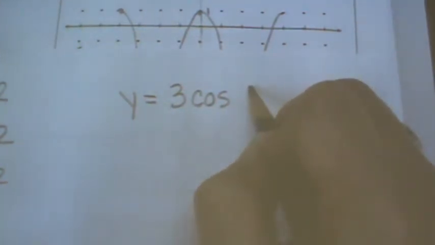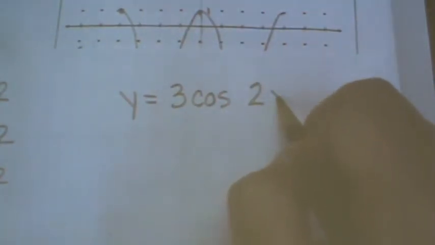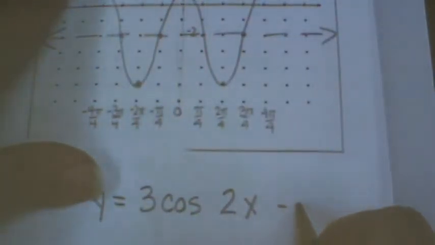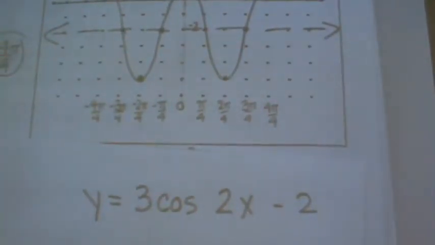Are you guys getting this? There is no phase shift because it's 0. And then -2. Okay.